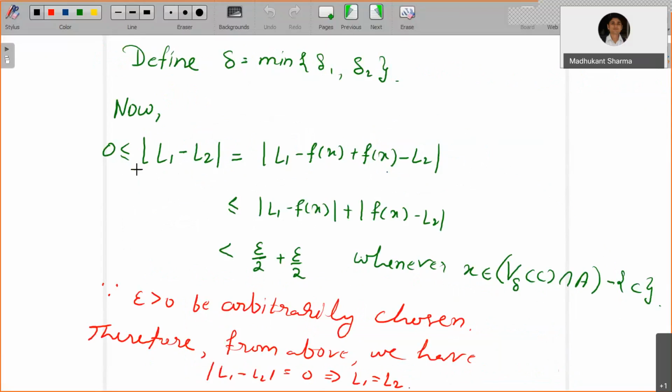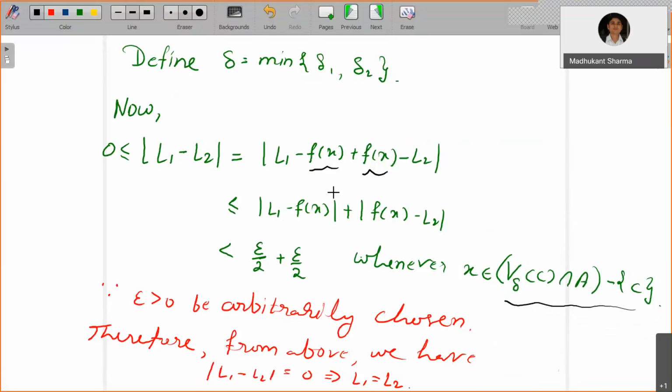Now, 0 is less than or equal to mod L1 minus L2. Now, add and subtract f of x, then use the triangle inequality. And now, if you choose delta as the minimum of delta 1 and delta 2, you have taken x such that x belongs to the delta neighborhood of c intersection with A minus singleton c.